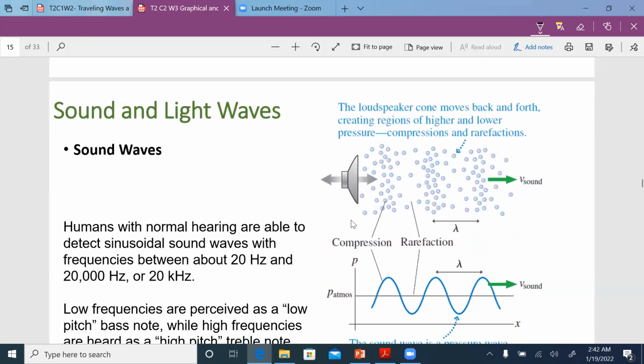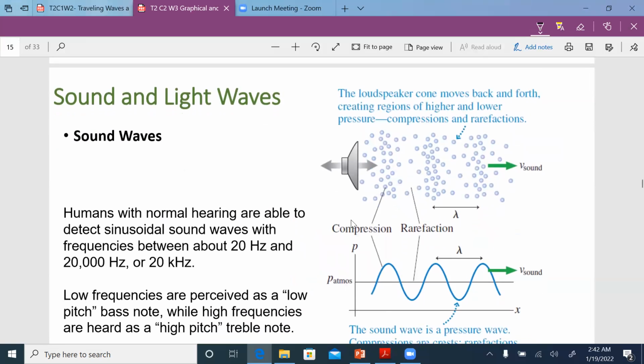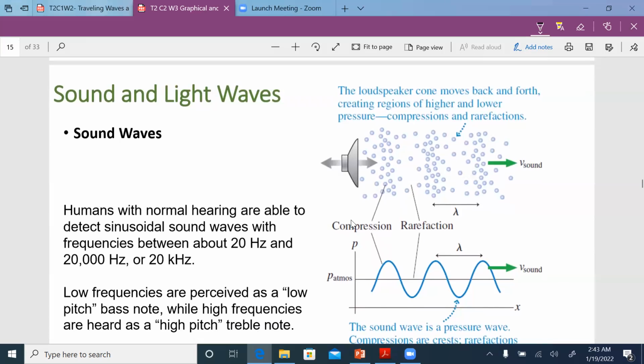So let's progress quickly to the last part of the class, which is sound and light wave. All right. Every day we interact with sound, we interact with light. So we want to just take a peep into the details of how they are waves and how they actually come out to us.